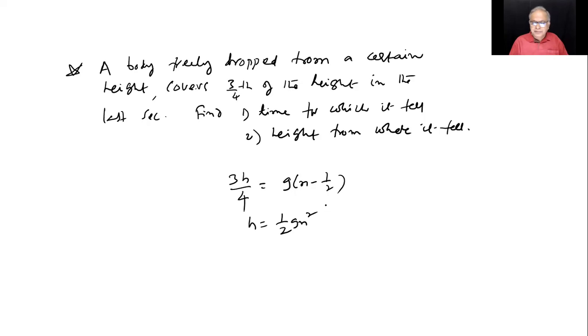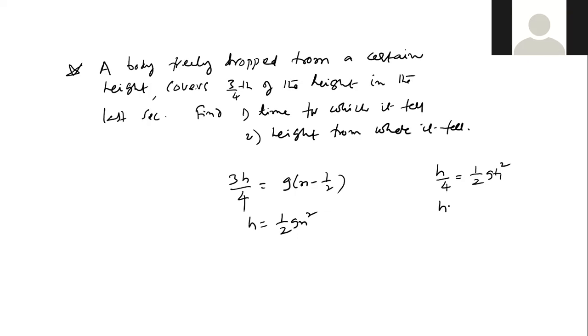Tell me. Directly, if we find, h by 4 is equal to half g t1 square, from the top. As we know, h is nothing but half g t square.